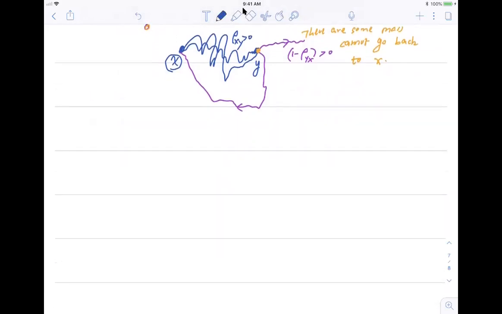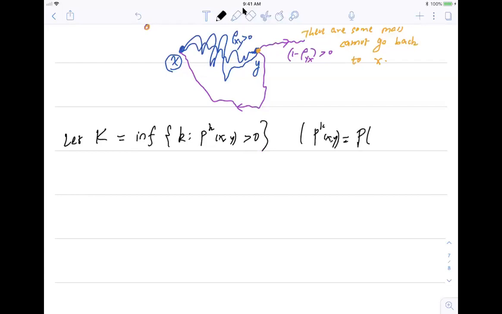Okay. So let us choose k, an integer, which is the infimum of the small number k such that this is bigger than 0. p_xy^k here is just the conditional probability: X_k equals y, given X_0 equals x.